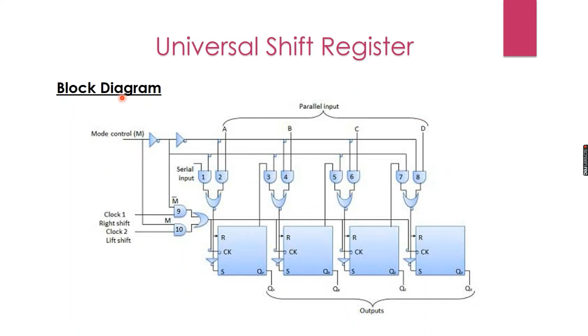So we can change the input fashion by just changing the mode control point, and to change the shifting, we have to make a right shift. If we have to make a right shift, we will give the voltage to this AND gate 9, and if we want to shift to the left, we will give voltage to gate 10 and keep 9 shut.